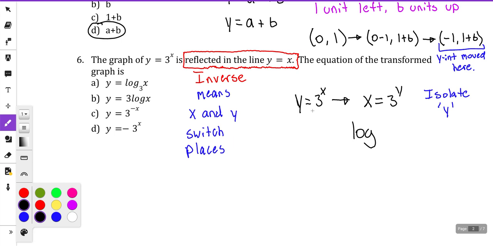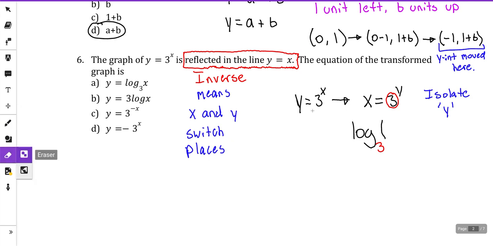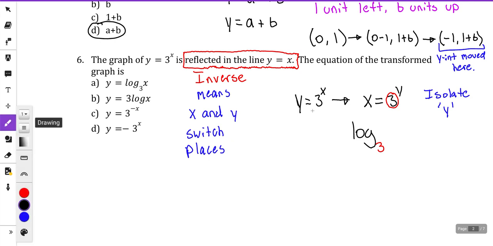The base of your power becomes the base of the log. So the base of the power here is 3. That becomes the base of your log. It's like the little number beside your log. Then you have an argument inside the brackets. The thing inside the brackets is what was on the other side of the equal sign, x.